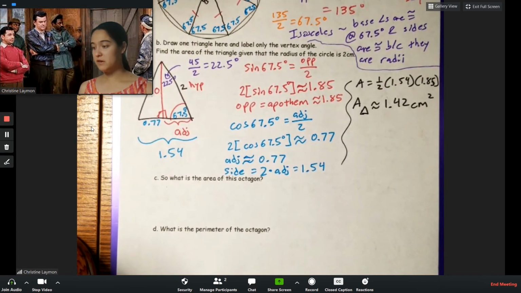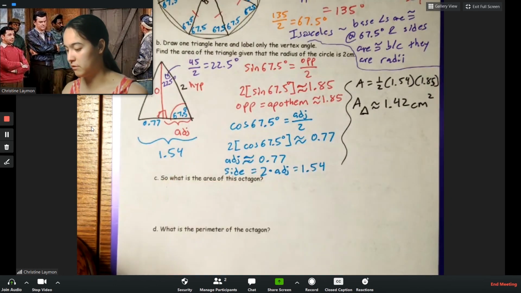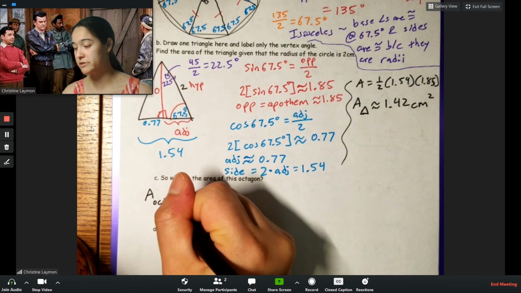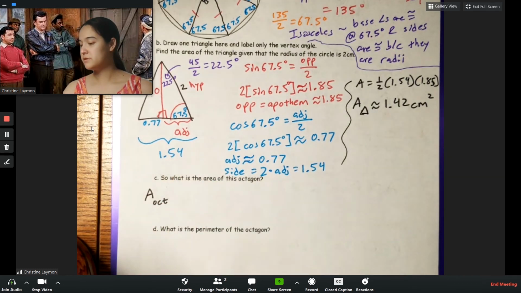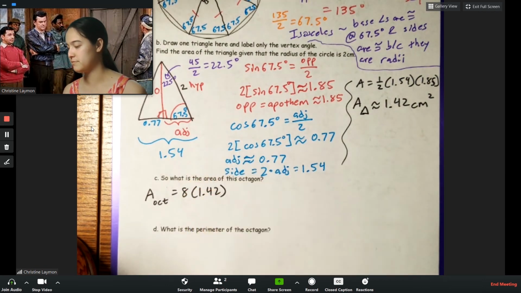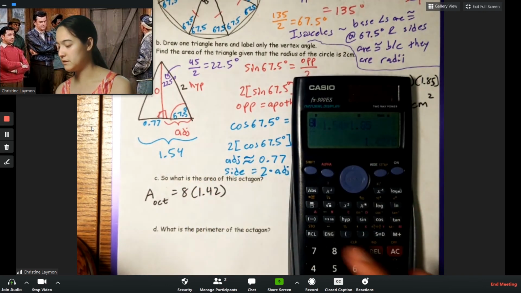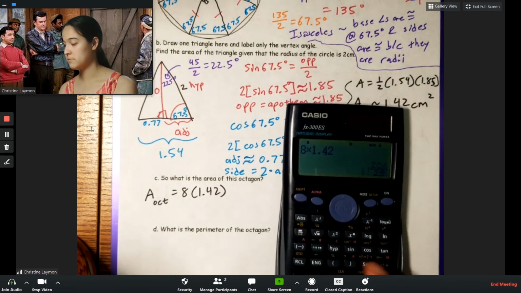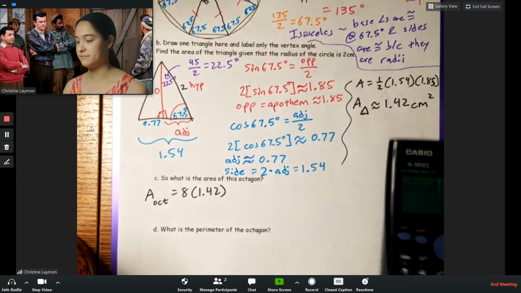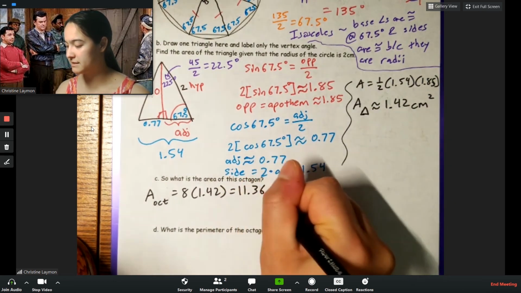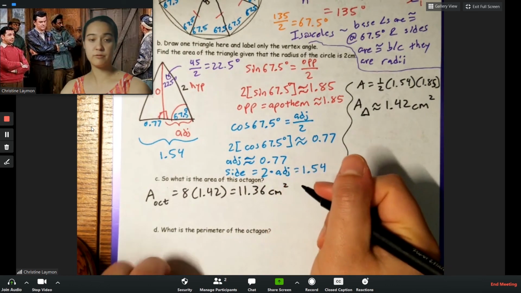So the area of the octagon, you can label it oct if you want. It's optional. This is going to be 8 of those triangles. So 8 times 1.42, 11.36 centimeters squared.